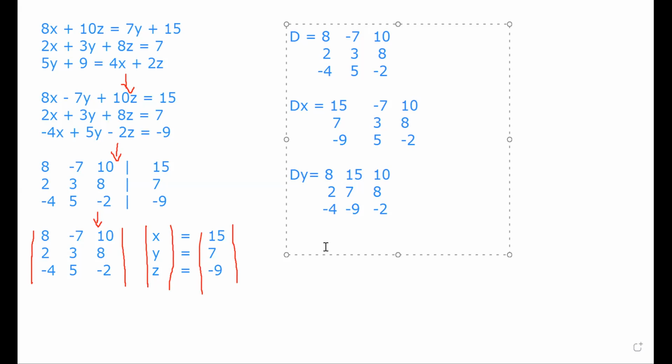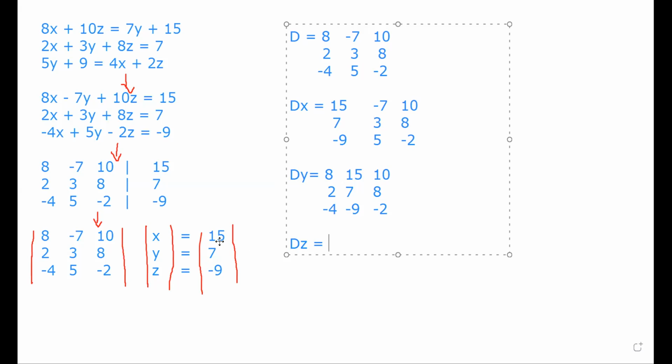Okay. Now let me find dz. So z is in the third column. In our matrix D, z is the third column. Now we have to replace this third column with these 3 elements.